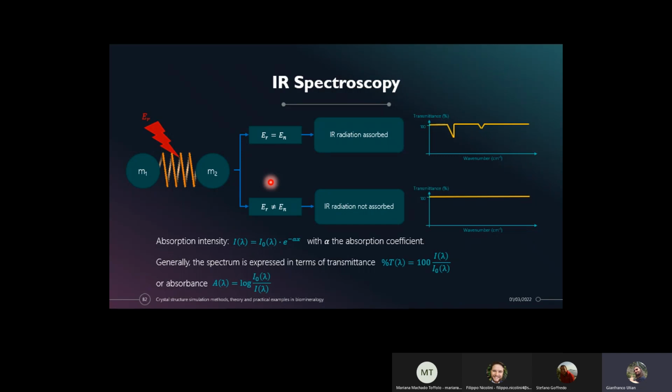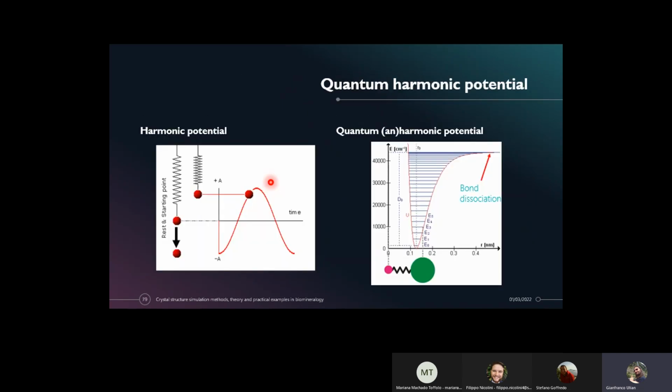Remember, your system cannot acquire all the energy levels between two levels. To jump from one vibrational level to the other, your system must acquire a specific quantum of energy.